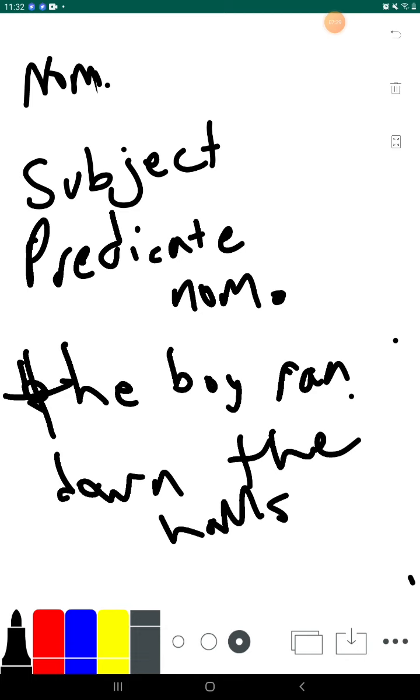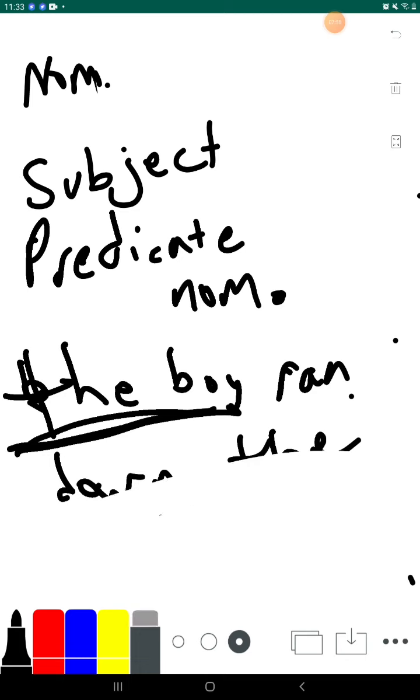Now, the subject is the boy because he's the one who's doing the verb. Like, the boy is running. Not the halls, but the boy. Now, let's talk about something a little different. The predicate nominative is a little different.